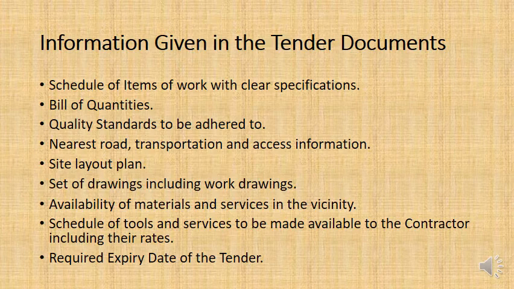So you're going to have what's called a bill of quantities, sometimes shortened to BOQ, and that is basically a breakdown of the work that needs to be done. This is for construction work. It's similar to what you used for making your estimate.